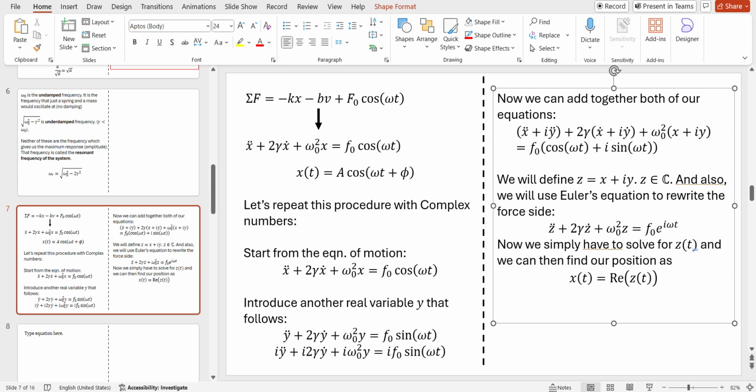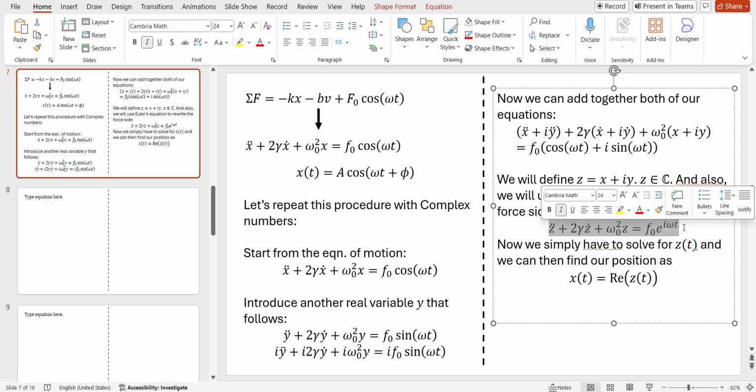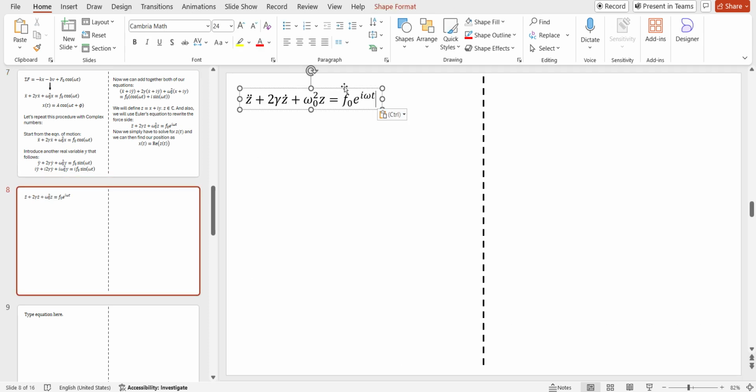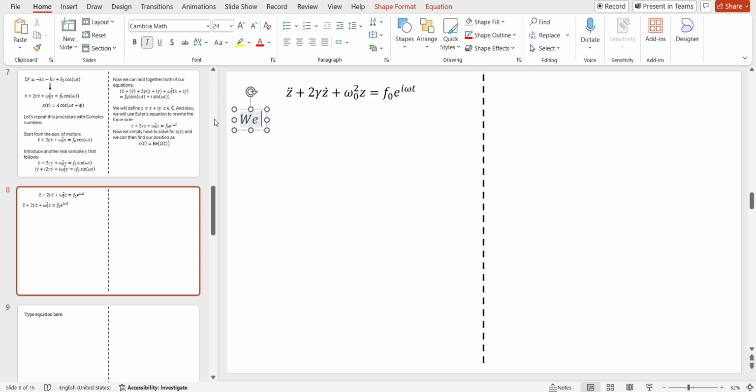You guys might remember from when we did this for the underdamped oscillator, the next step is to solve this, and we do that by making a guess. And you might be wondering if our famous super guess is still relevant here, and I'm happy to report that it is. So let me grab this, move it over here. This is our equation of motion that we're trying to solve. And we will make the same ansatz as before.